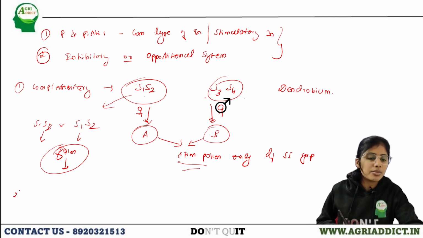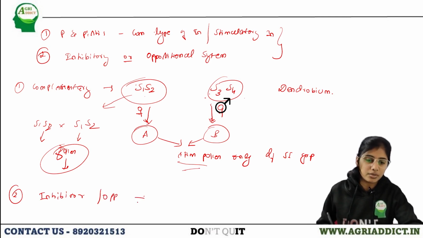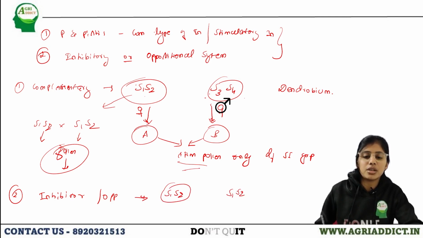So the next mechanism is the inhibitory mechanism or oppositional mechanism. It is just the opposite of that. That is, let us say you are fertilizing S1, S2 and S1, S2. Whenever the male and the female gametes belong to the same fertility group or same incompatibility group, then they produce a substance.